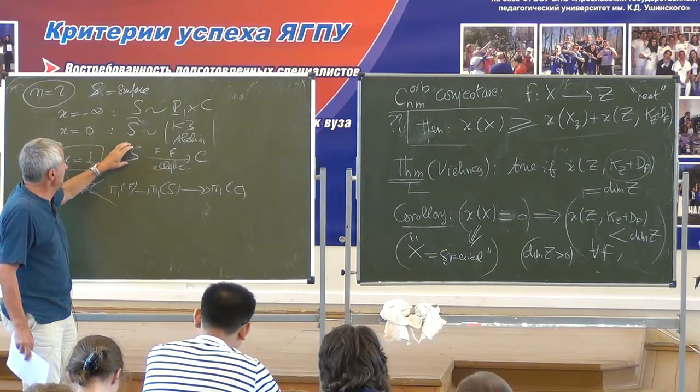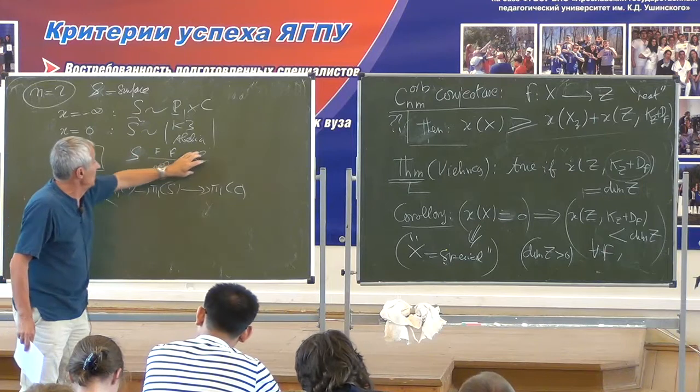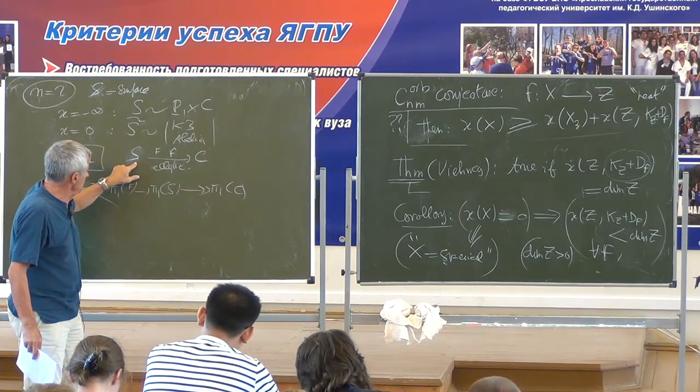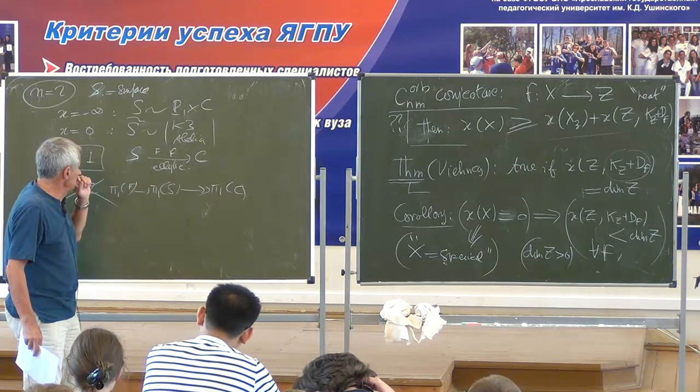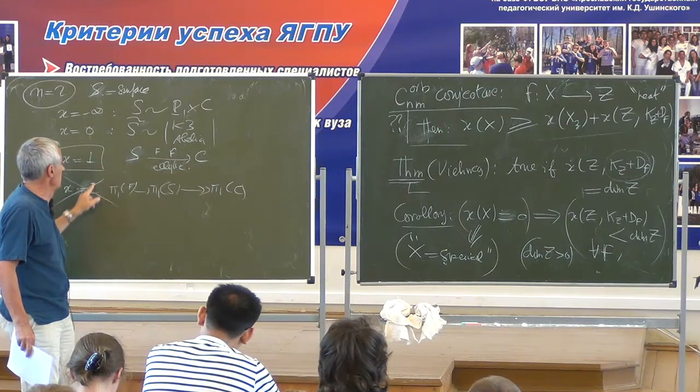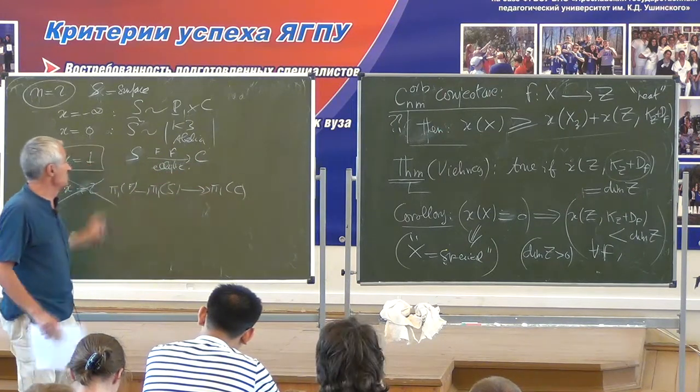What I have used is that being special is also invariant under finite covers, and so we have this property. You just have to check that in this case the fundamental group is almost abelian.